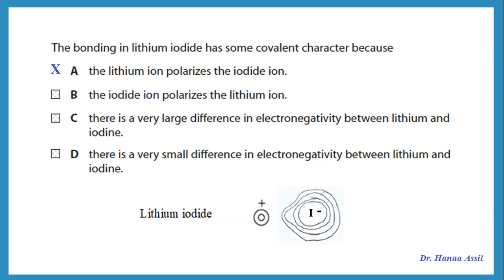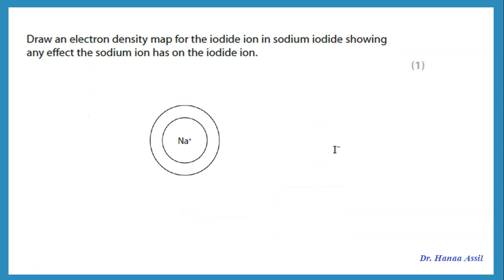We said when this happens, we say that the bond is not purely ionic. If it were purely ionic, the electron cloud would be separate away from the positive ion. But if it is slightly drawn towards the positive ion, then we say it has some covalent character due to the polarizing ability of the positive ion.